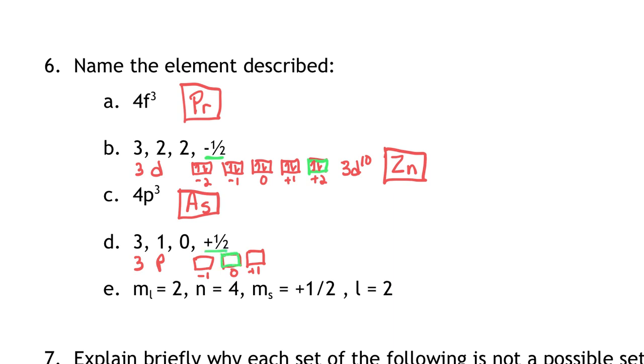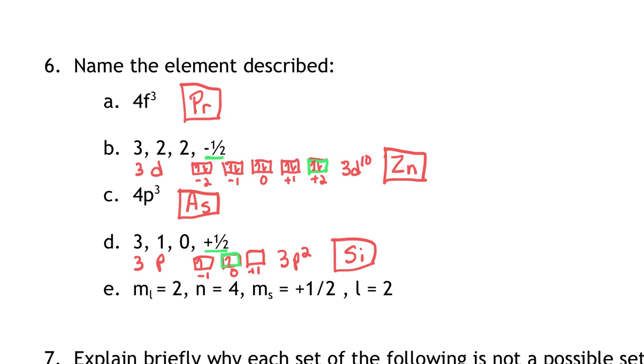So let me go ahead and place my electrons: up, up, and I'm good. So this is going to be 3p2. Use my periodic table, look across, and 3p2 is going to be Si. And that's going to be the answer for this one.